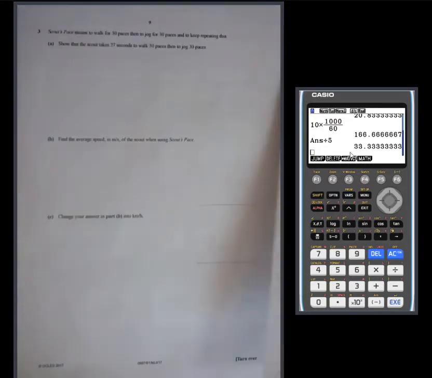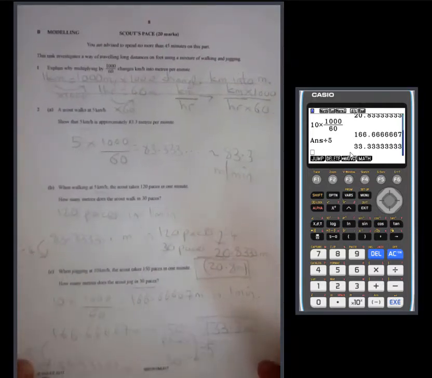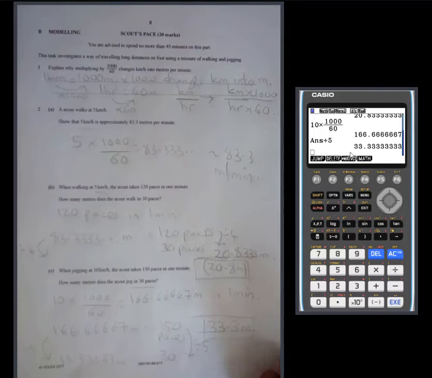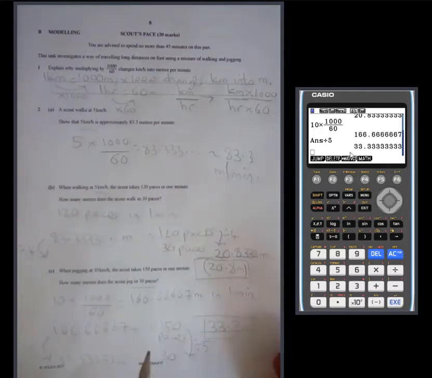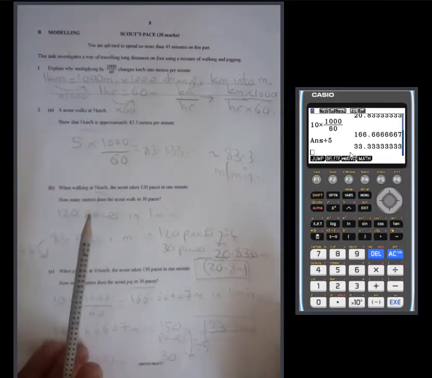Right, what's next? Scout's pace means to walk for 30 paces, then to jog for 30 paces, and keep repeating this. Show that the Scout takes 27 seconds to walk 30 paces and then to jog 30 paces. Well, we're going to have to go back and find out about jogging pace and walking pace. So his walking pace is 120 paces in 1 minute, and his jogging is 150 in 1 minute.